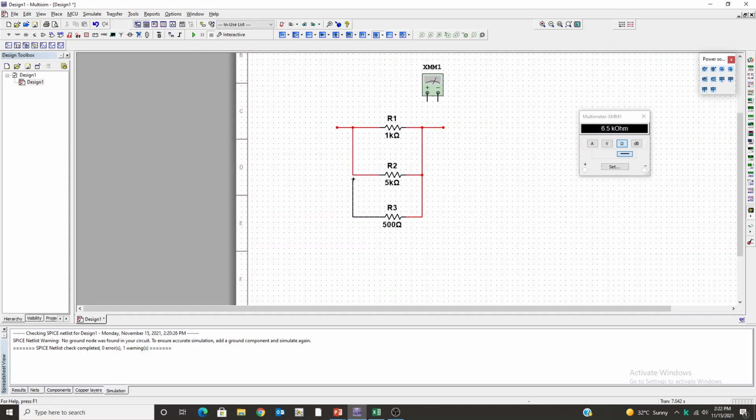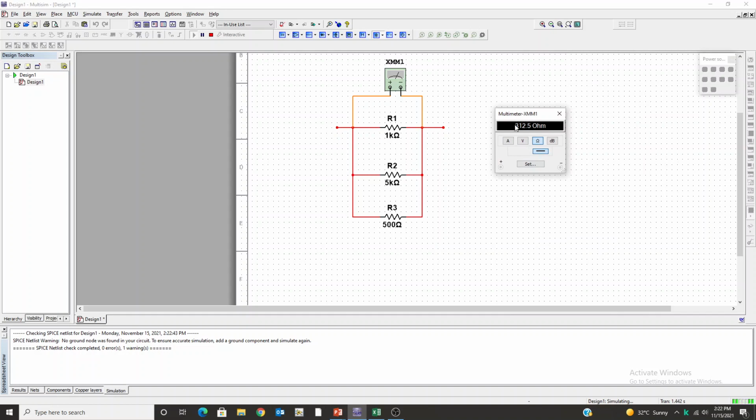Okay, I'm going to connect them in parallel. Now run. So here you can see the total resistance in parallel is 312.5 ohm. So the calculated value and measured value are totally the same.